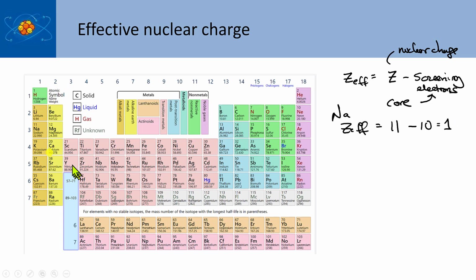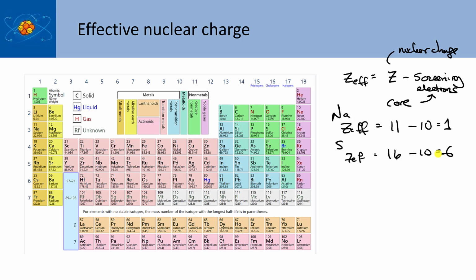Now, if you follow along with this, sulfur, sorry, I said scandium, I don't know where that came from. Sulfur has 16 electrons, right? Its core is still neon. So it has 6 as its effective nuclear charge.